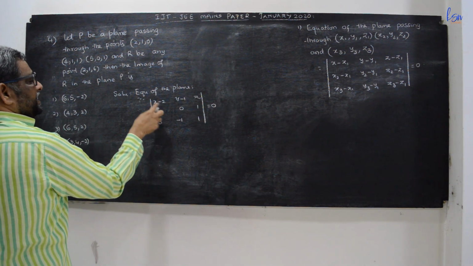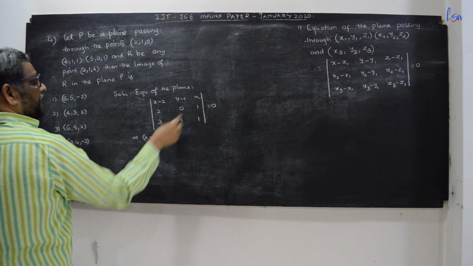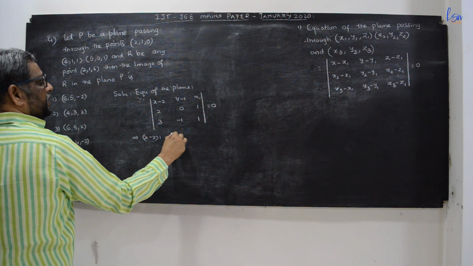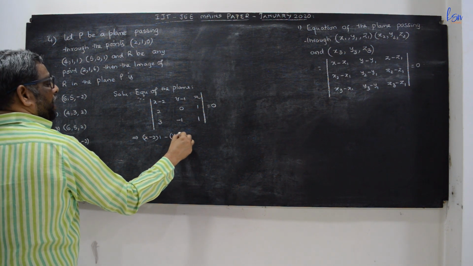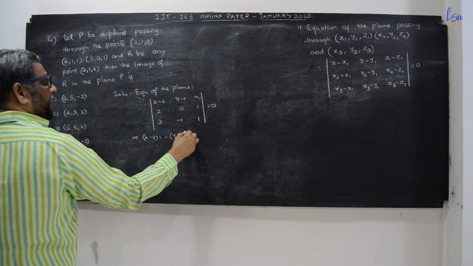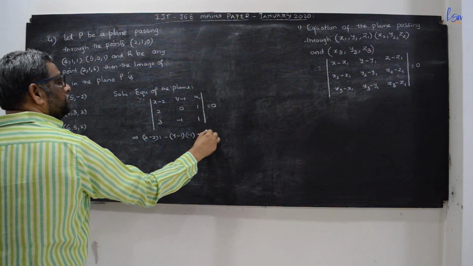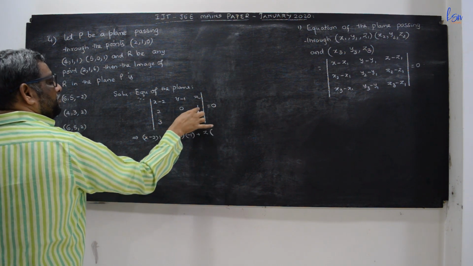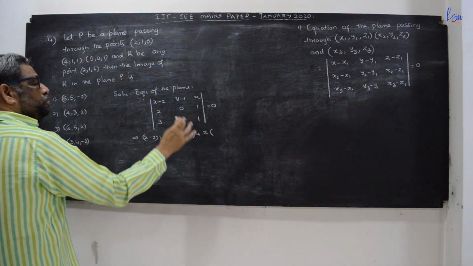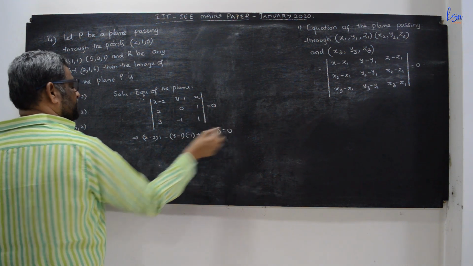This implies (x minus 2) into 0, this is 1, minus (y minus 1) into, this is 2 minus 3, minus 1, plus z into 2 minus 3, which means minus 1, is equal to 0.